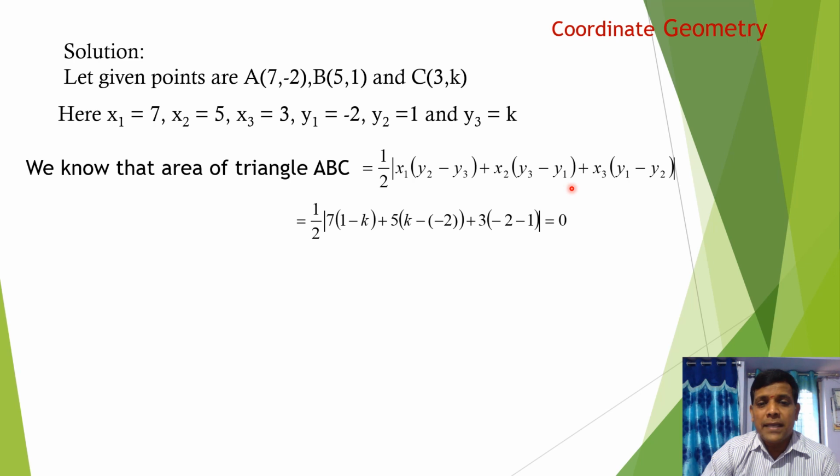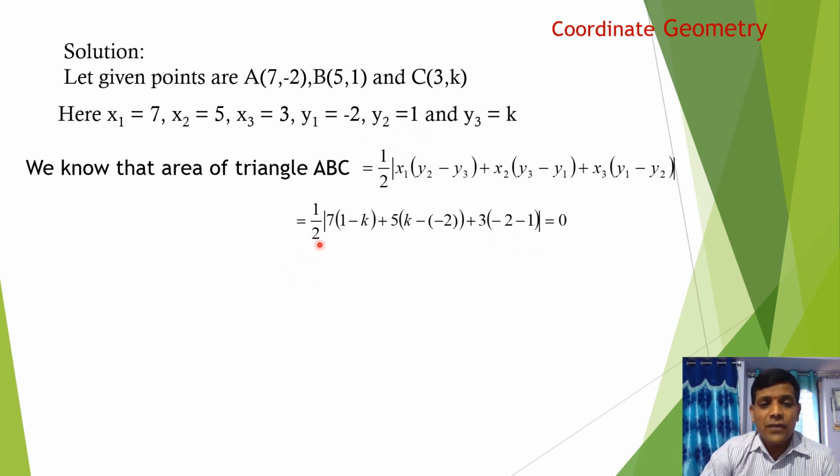What is the value of y3? k, and y1 value minus 2. So k minus of minus 2, plus x3 into, what is the value of x3? 3. 3 into y1 minus y2, y1 value minus 2 and y2 value 1. So minus 2 minus 1.